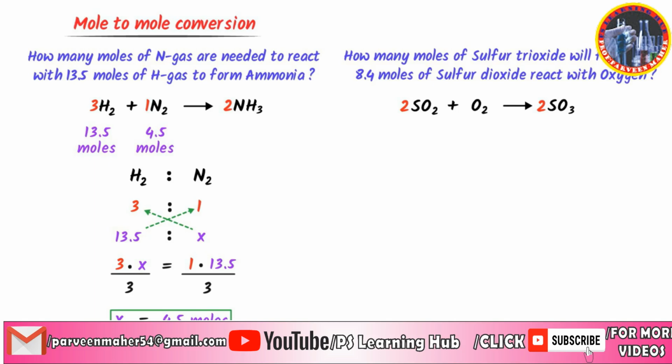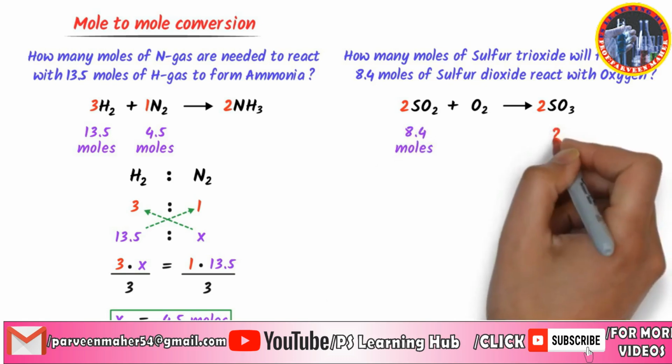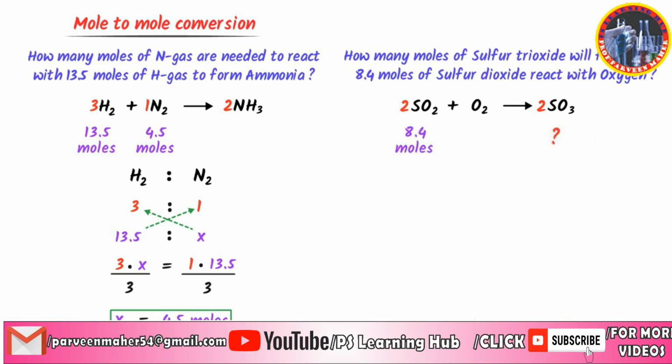According to the given statement, 8.4 moles of sulfur dioxide will react with oxygen to form X moles of sulfur trioxide. Now I will use my personal way to calculate the number of moles of sulfur trioxide. I established ratio between sulfur dioxide and sulfur trioxide. We can see that it is 2:2. The number of moles of sulfur dioxide is 8.4 moles.